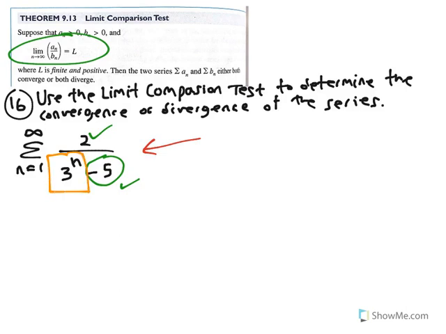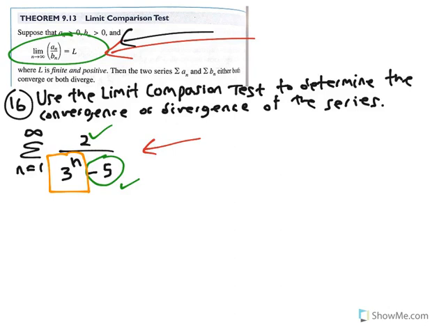So you might think, it would be nice if my comparison series also had 3 to the n in it, because if it does, when you form the quotient that you need to form for the limit comparison test, having 3 to the n as a part of the nth term in the comparison series might allow for us to take the limit that we have to take more easily.